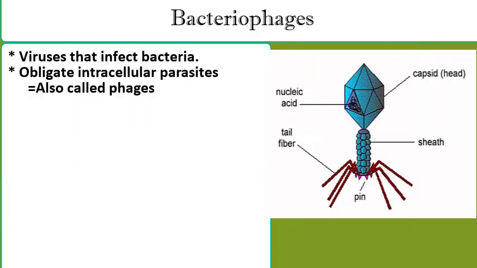Bacteriophage. Bacteriophages are bacterial viruses that infect bacteria. These are obligate intracellular parasites that multiply inside bacteria by making use of some or all of the host biosynthesis machineries and resources. This bacteria-infecting virus is called a phage.